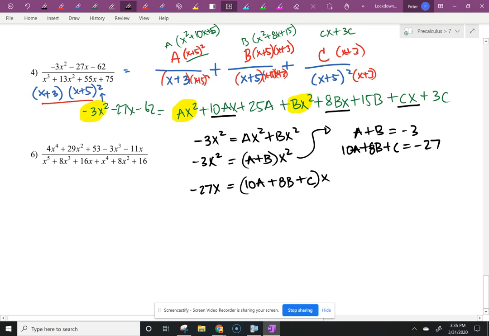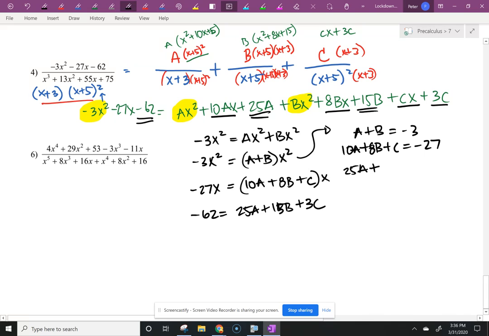And then last but not least, negative 62 is equal to anybody that doesn't have an x: 25a, 15b, and 3c. And lo and behold, I have a system of equations? Are you kidding me?